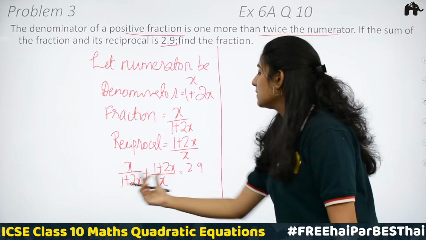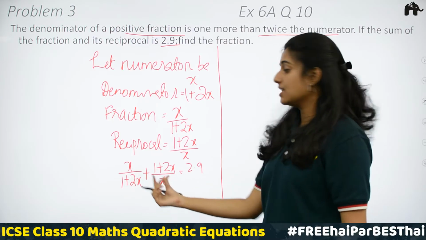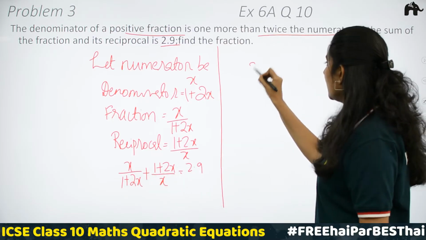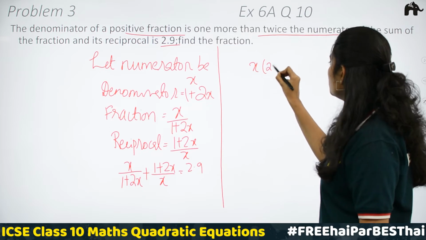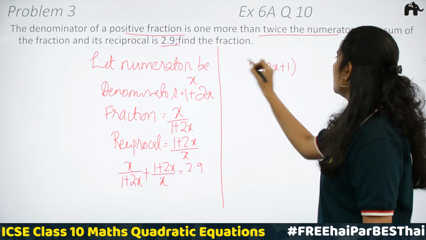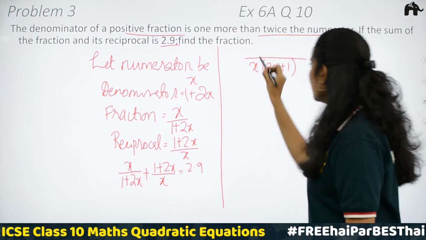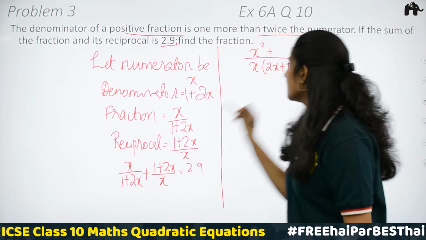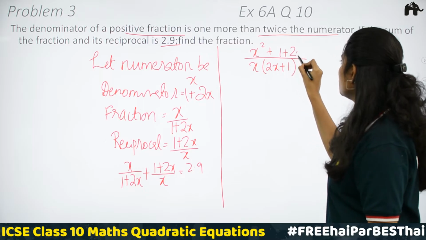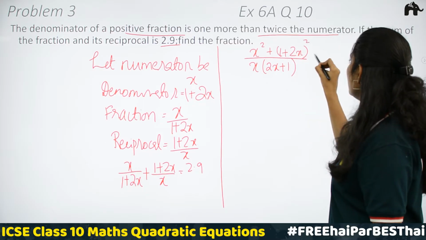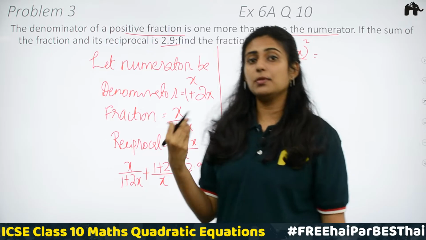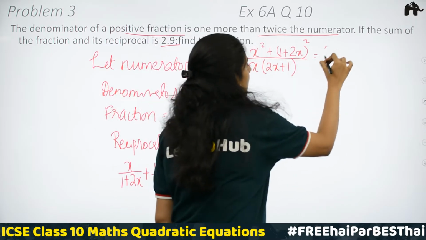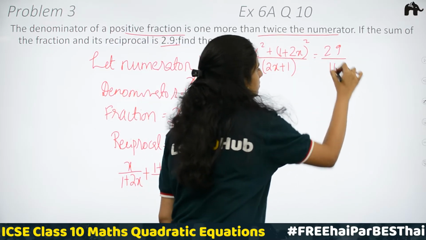Here we have 1 plus 2x in the denominator and here we have x. Take the LCM, we get x into 2x plus 1. Numerator x into x, x square plus 1 plus 2x into 1 plus 2x, 1 plus 2x whole square will be equal to 2.9 can be written as 29 divided by 10.